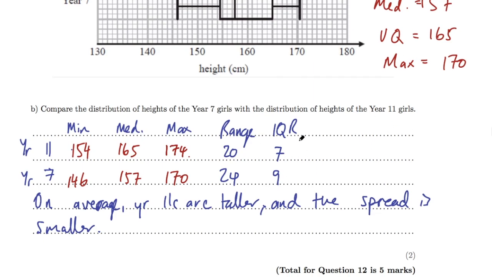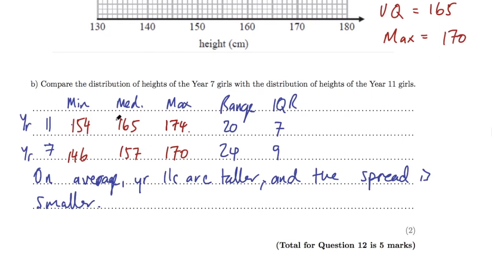And you could probably say something about the minimum and the maximum. For example, the maximum of the year 11s is higher and the minimum of the year 7s is shorter. And overall, that's what you'd expect as the year 11s are taller.